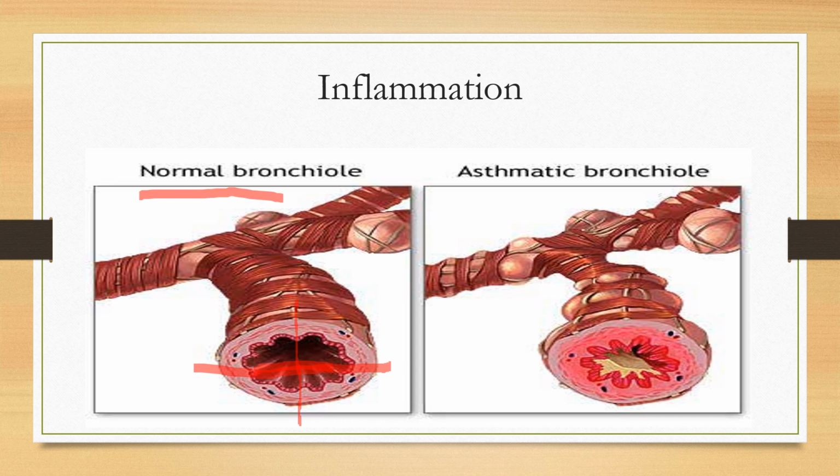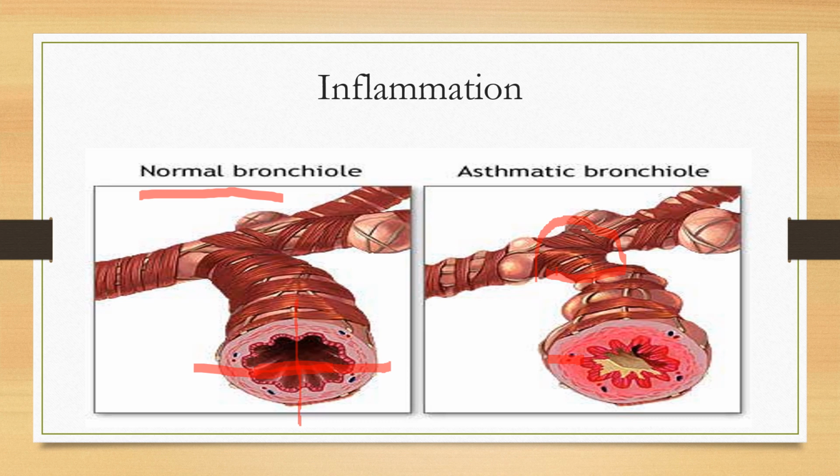The hallmark signs of asthmatic inflammation are features of airway swelling. See all the airway swelling? You have increased mucus production. The muscles around the airway caliber are tight. They actually constrict the airway. And all of this leads to airway flow limitation.